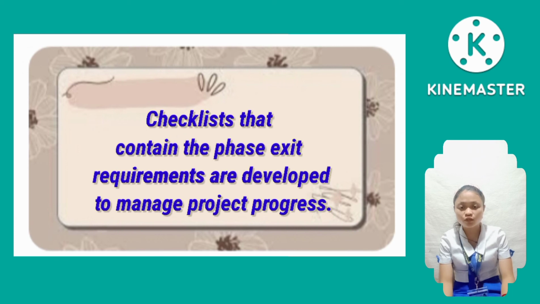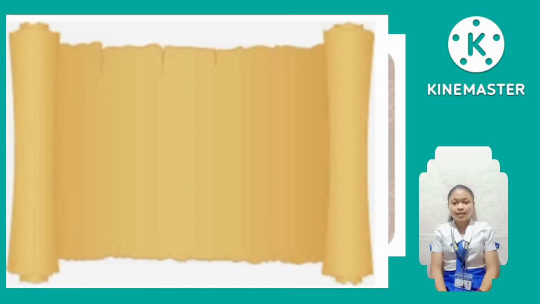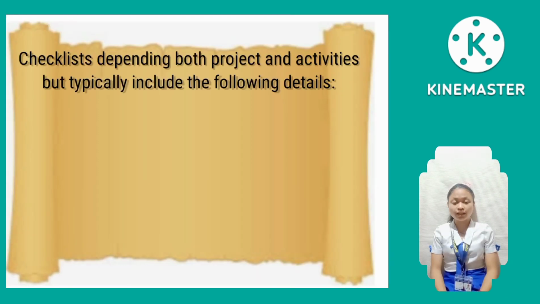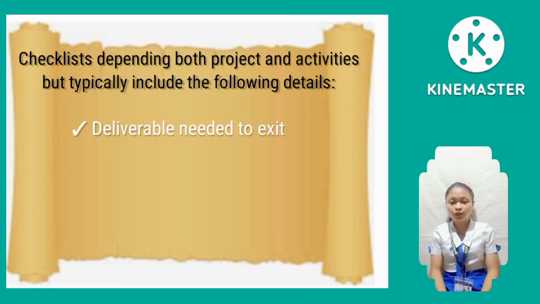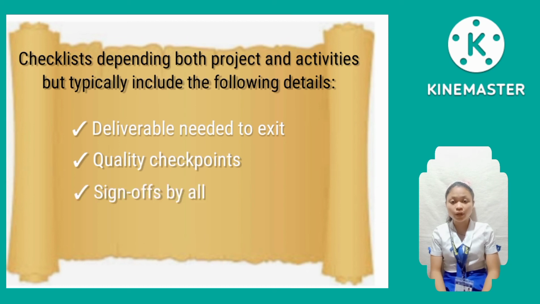These checklists provide the means to support phase walkthroughs and reviews. Checklists depend on both project and activities but typically include the following details: deliverables needed to exit, quality checkpoint, and sign off by all. As long as exit requirements are firmly established and deliverables for each phase are well defined, the PBS provides a suitable alternative to the standard WBS for projects that involve extensive development work.